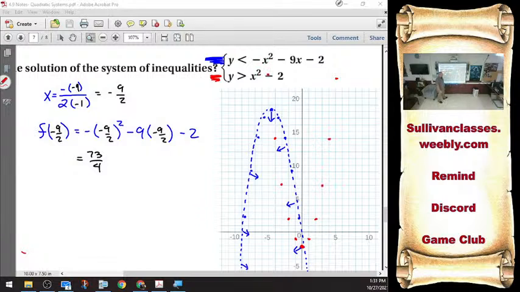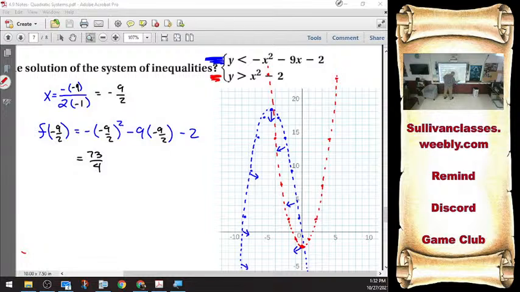Solid or dotted? And that one says y is greater than the parabola.